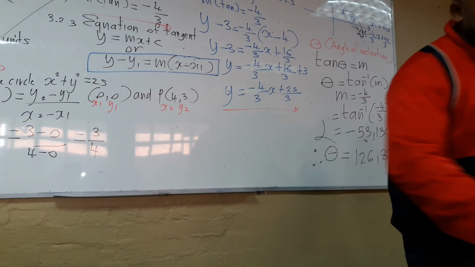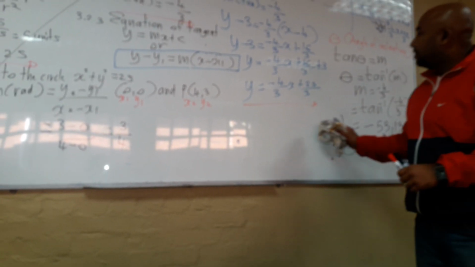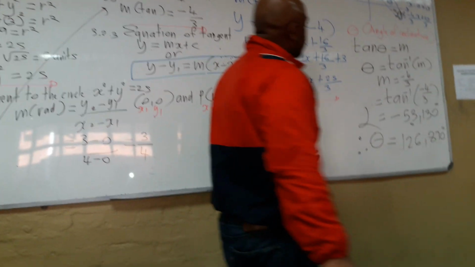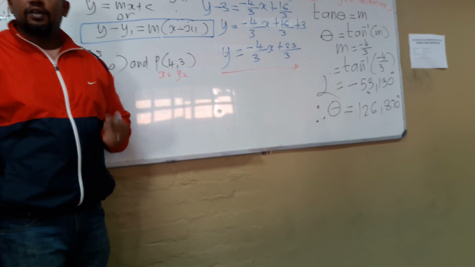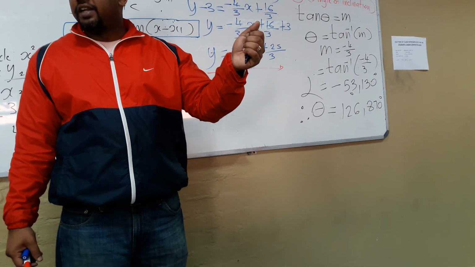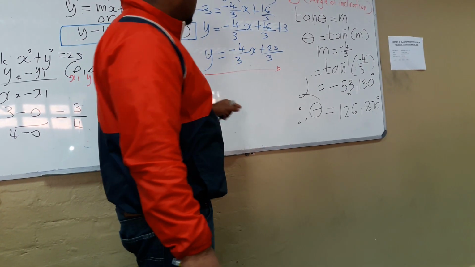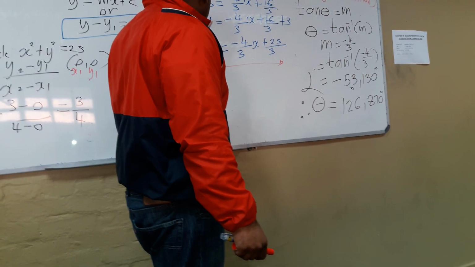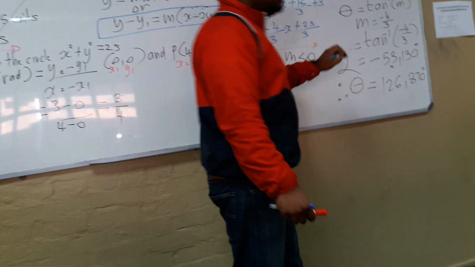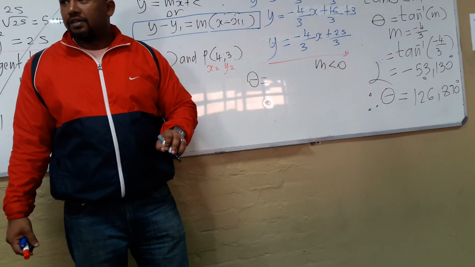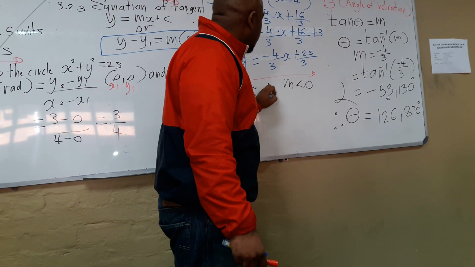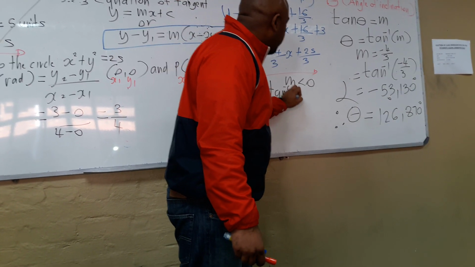Now, you could have done it this way, where you ignore the negative. Right, so if you want to work out theta straight and if your m is less than 0, then all you do is put 180 degrees minus inverse tan of positive m.